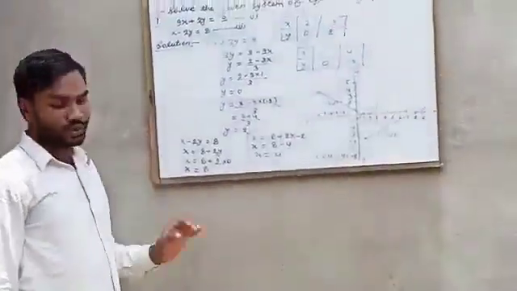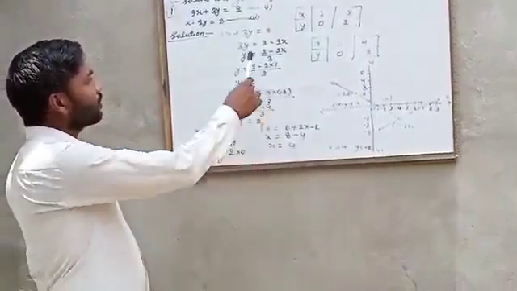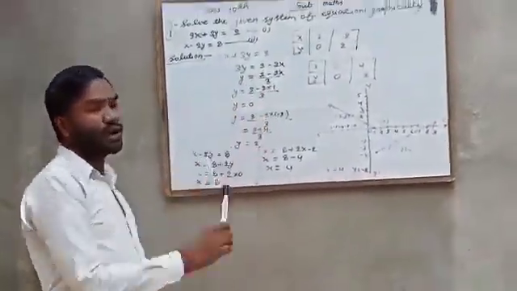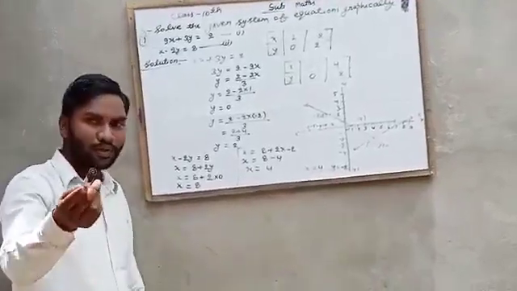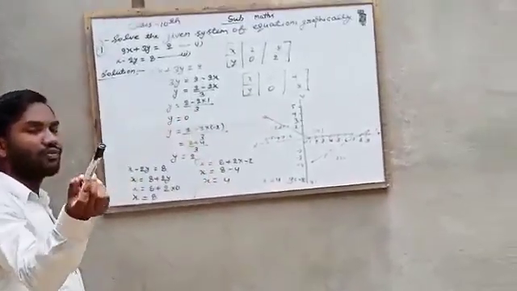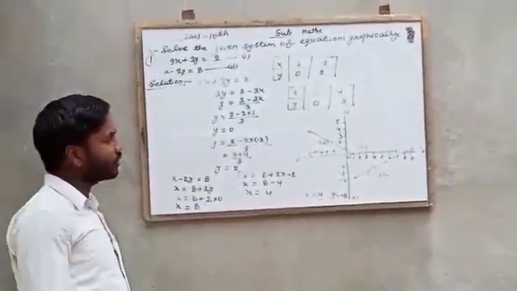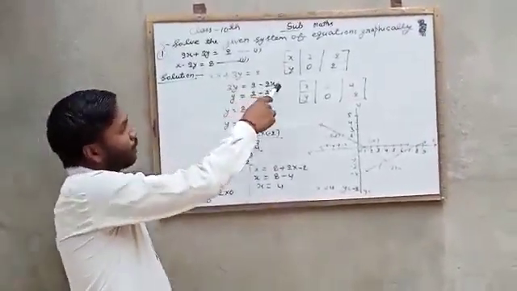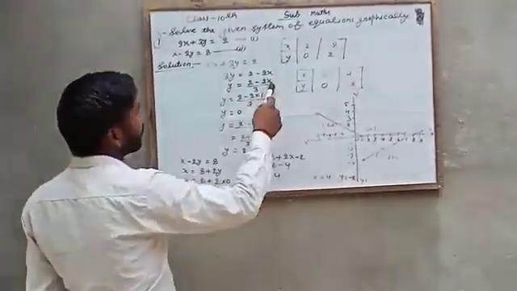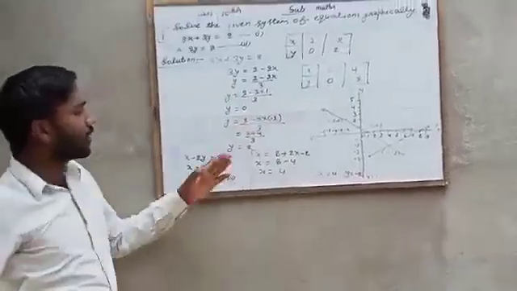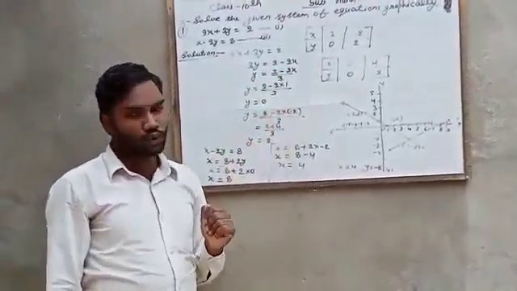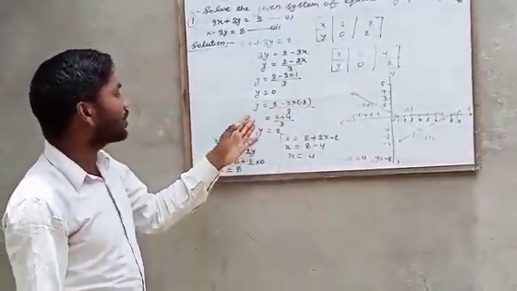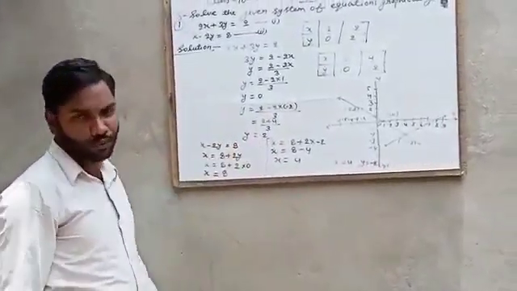I would like to repeat once again. First of all, you will have to find the values of x and y by putting any value of x or y in the equation. For example, first I put here 1, so we get the value of y is equal to 0. Again we put minus 2, that time we got the value of y is equal to 2.